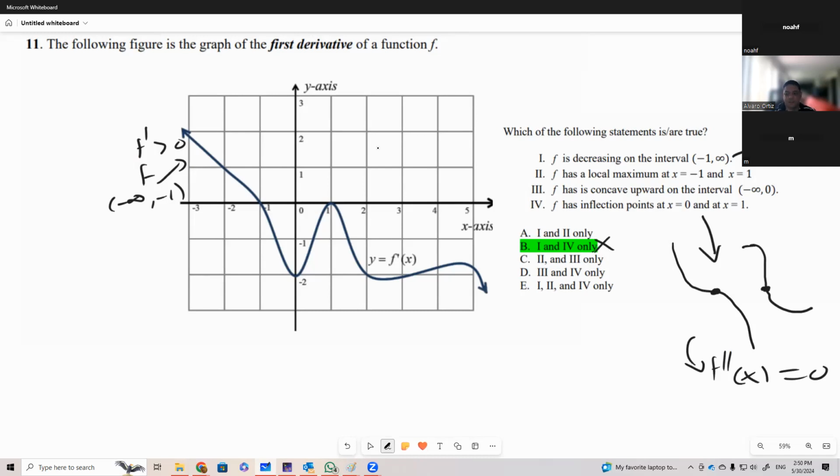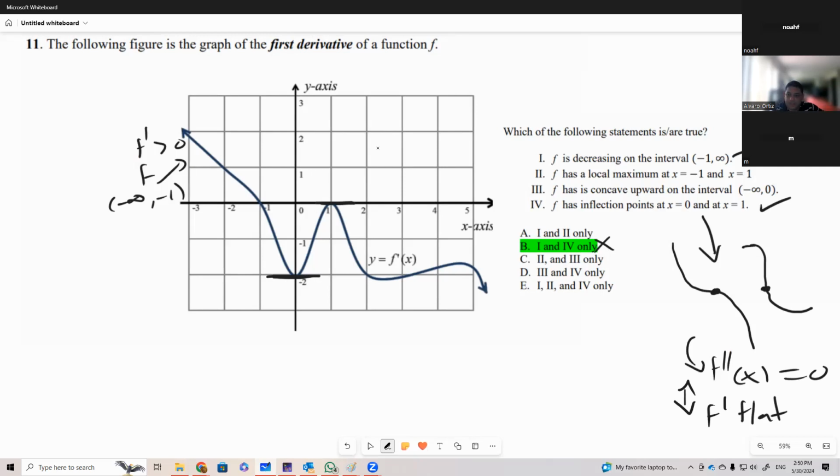How do you find the points where f double prime is 0? With the derivative, you look where f prime is flat. Here you see there's a flat at 1, and a flat at 0. So number 4 is actually true. There are inflection points in there.